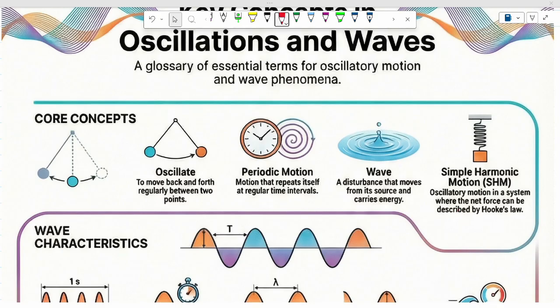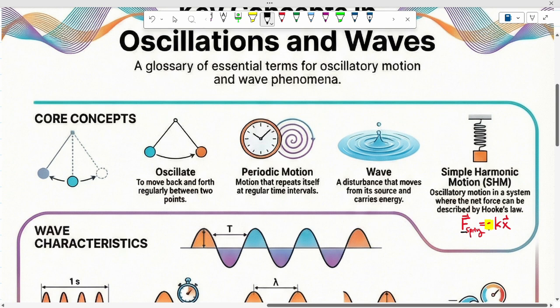As a reminder, Hooke's law says that the spring force is given by minus kx, where x is the displacement, which is a vector, and force is a vector, and that gives meaning to this minus sign. The force in Hooke's law is opposed to the direction of the displacement. That's why it's a restoring force.